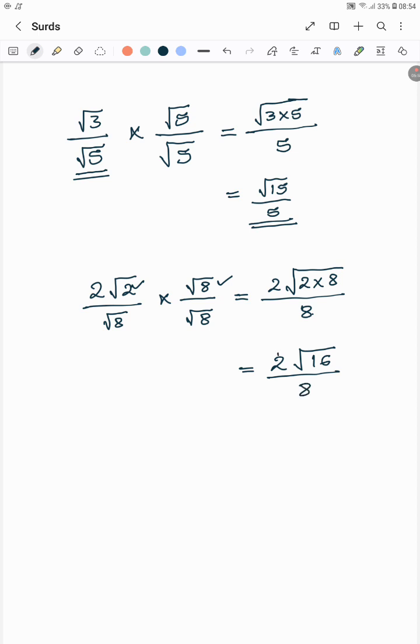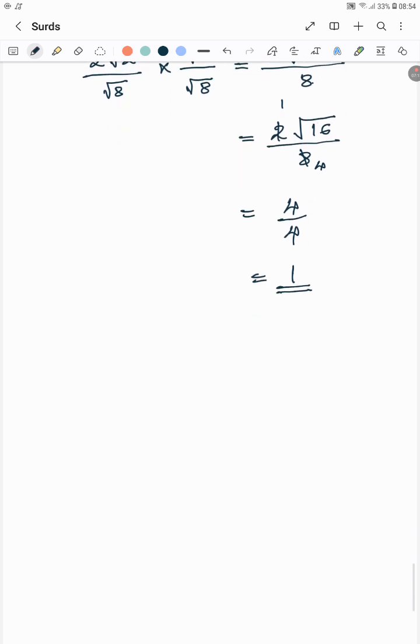And here you can say 2 into 2, 2 into 4, 2 into 8, that's 4, and root 16 on top is also 4, and you're going to say 4 over 4, and your final answer is going to be 1.